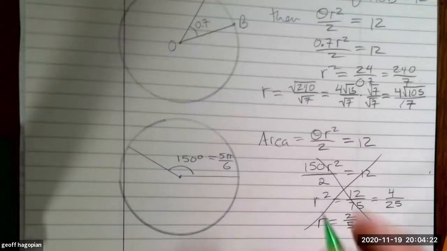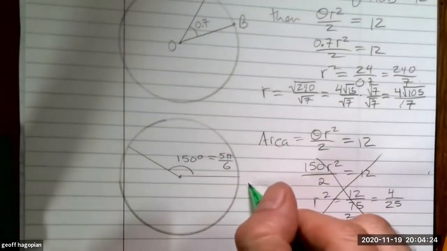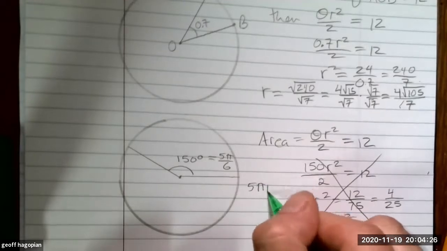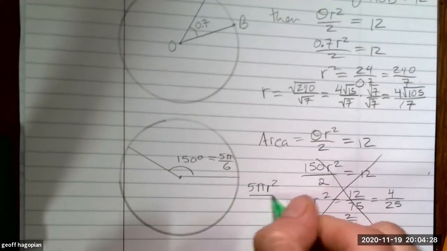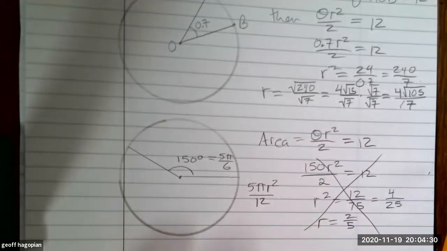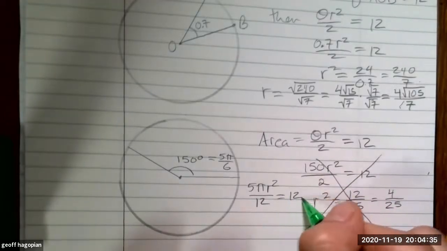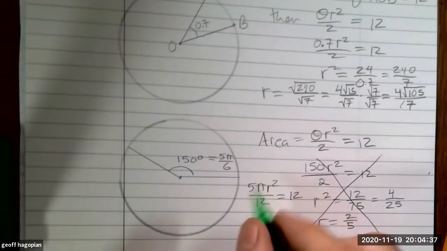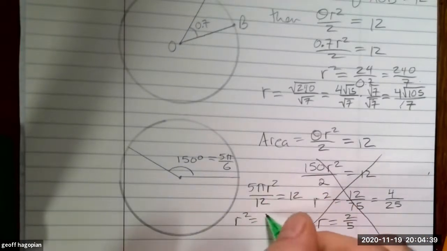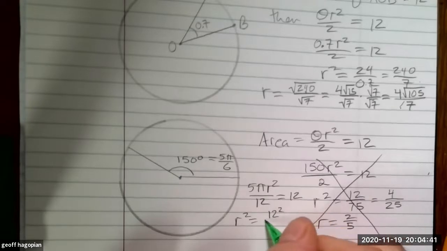That wasn't very nice. Okay, so 5 pi r squared over 12, I guess, because 5/6 times 1/2 is 5/12. That's equal to 12. Okay, so we've got r squared is then 12 squared over 5 pi.